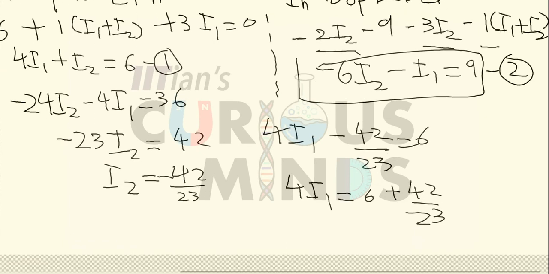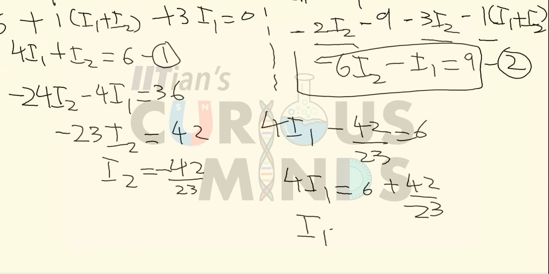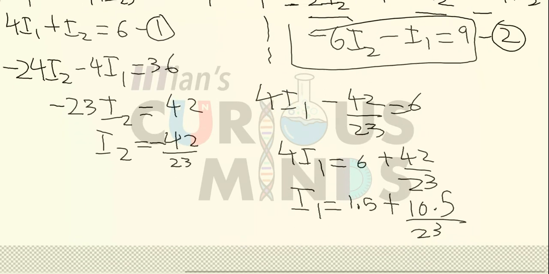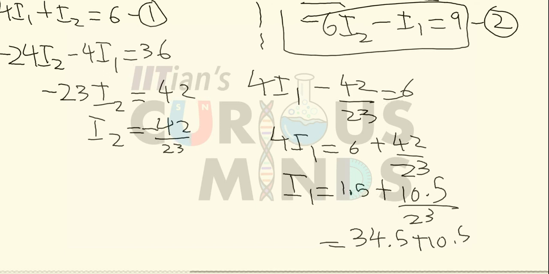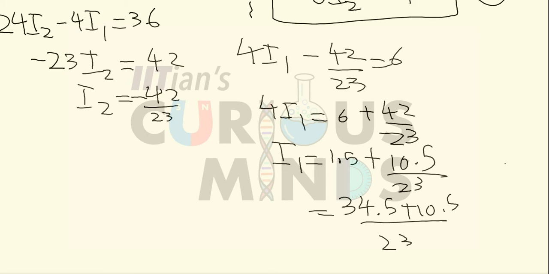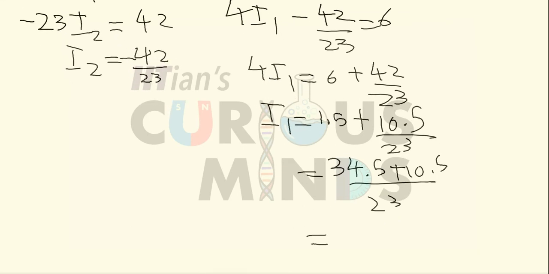So I1, I have to divide it by 4, will be equal to 1.5 plus 10.5 divided by 23. So 23 into 1.5 will be equal to 34.5. 34.5 plus 10.5, divided by 23, will be equal to 45 by 23.